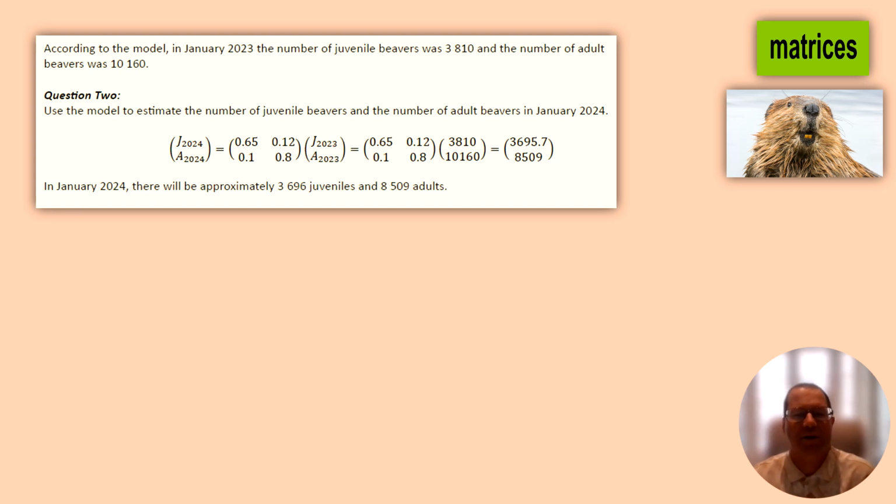So in order to find the number of juveniles and adults in 2024, we just need to use our model, multiply our matrix by the number of juveniles and adults in 2023, which were 3,810 and 10,160. So using matrix multiplication, we get 3695.7, which is approximately 3696, and 8,509 adults.